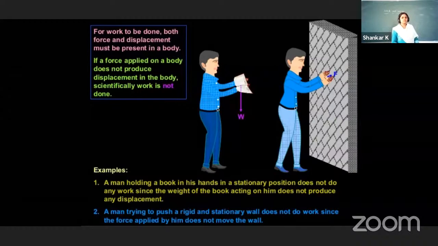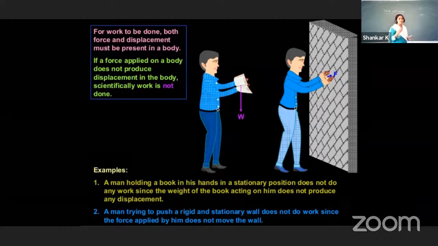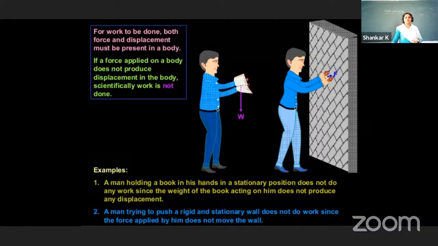The next one is what the second person is doing. He is just standing near the wall and holding his hand. He is not putting any force, isn't it? It is a wall, and he is just touching that wall. Here a man tries to push a rigid and stationary wall. Rigid and stationary means the wall which is there. So no work is done since the force applied by him does not move the wall.